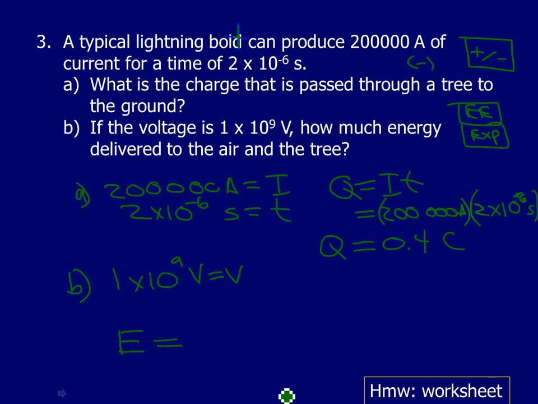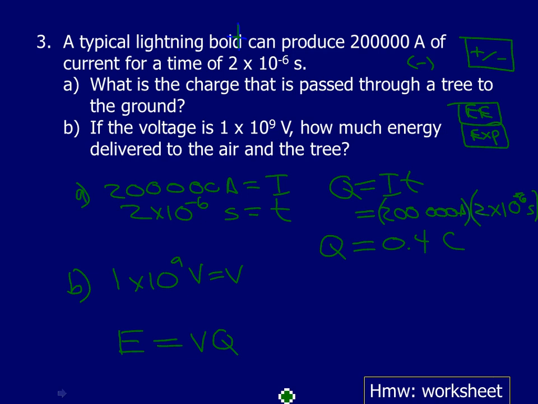I've got to bring this Q to the other side. What is the equation when I bring it to the other side? E equals, I'm multiplying V times Q. Yep, it's a big number.